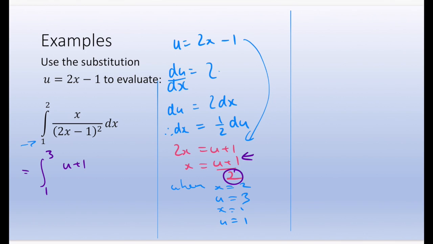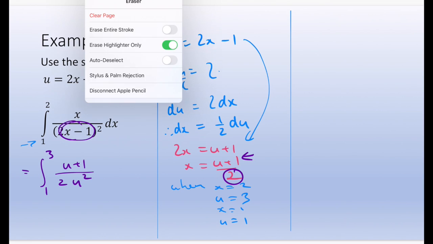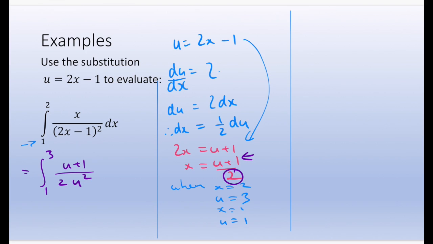Now at the top here I'm going to have u plus 1 from this bit, and that 2 I'm going to put in with the bottom. So I'm going to go 2, and now that's in brackets. So that's our u, so it's going to be u squared. So let's do that. And then we're going to have du, and notice that this is a half, so I'm going to bring that to the front.